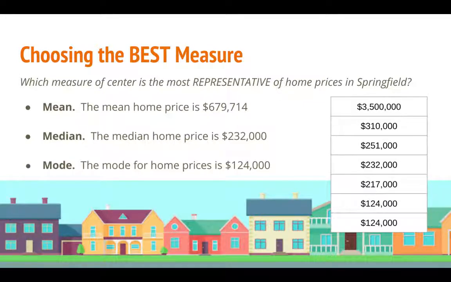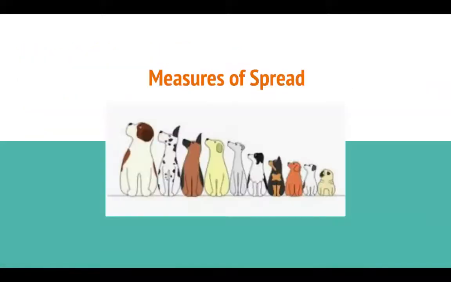So when we added all of those values together, we ended up with a higher mean than would be typical of these home prices. $124,000 is actually the lowest home price in this data list. So it's also not representative, but the median, the one right smack in the middle there at $232, would be, for home prices, the most representative measure of center.